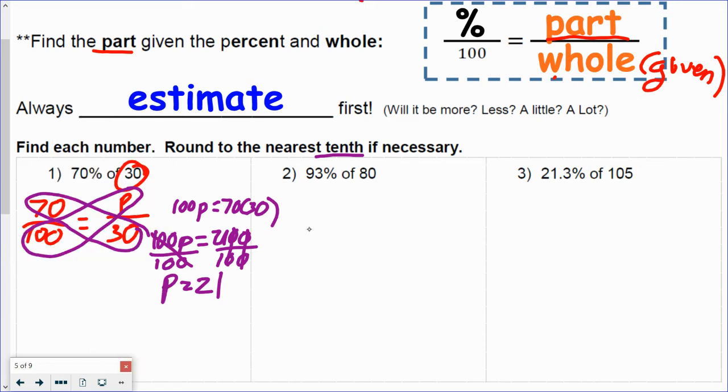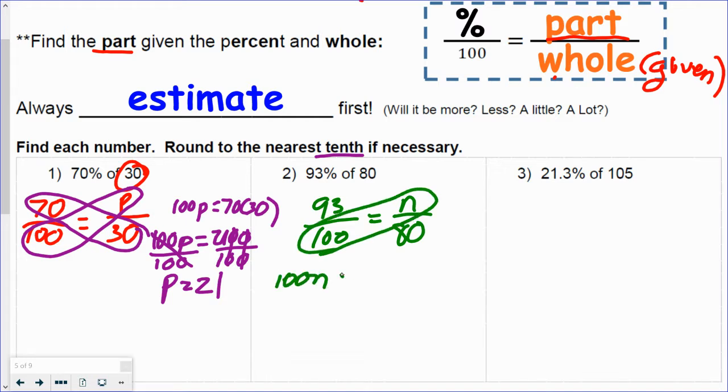Now we're going to set up our next one. Once again, take your percent, put it over 100. Then make your other fraction: some number n out of 80 is 93% of that number. So 93% means it should be pretty close to 80 when I find my number here. Do your cross products: 100n equals 93 times 80.